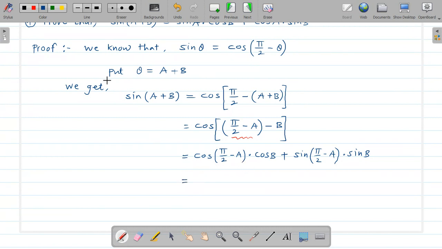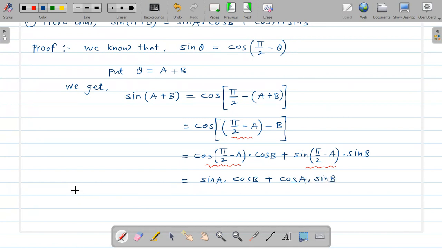Now next, see here, this is cos(pi by 2 minus A) and this is sin(pi by 2 minus A). By the previous result we know that cos(pi by 2 minus A) means sin A, into cos B as it is, plus the next one is sin(pi by 2 minus A), which means cos A, into sin B as it is.